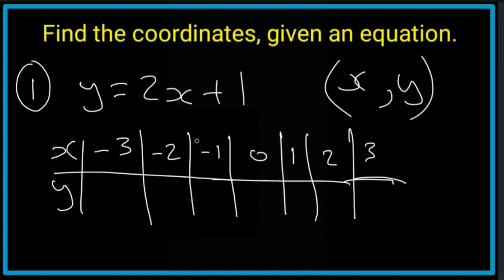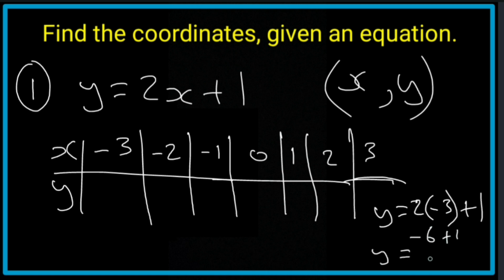So you just plug -3 as your x value into this equation right here. I'm just going to show some working out down here. y equals 2 multiplied by -3 plus 1. So that's y equals 2 times -3, which is -6, plus 1, which equals y equals -5.